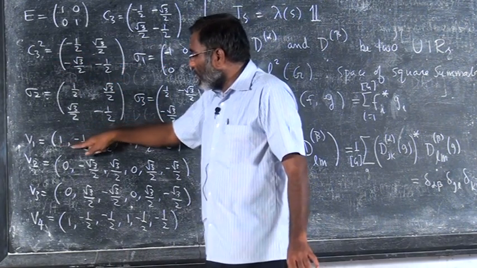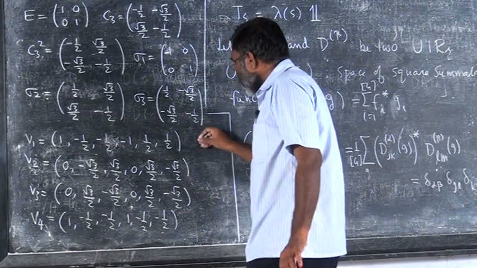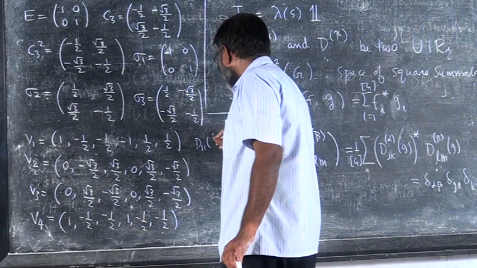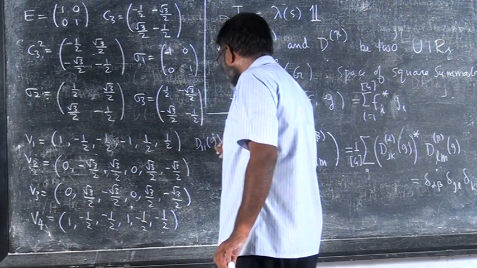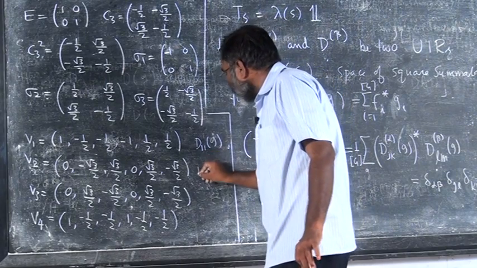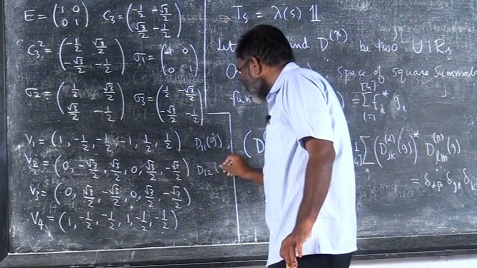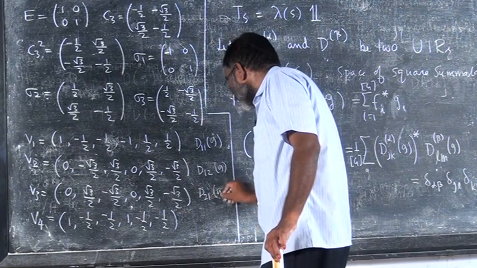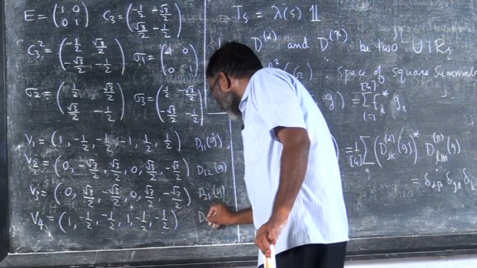So this vector I have made with d11 of G, where G is E, C3, C3 squared, like that. This I have made with d12 of G, this I have made with d21 of G, this I have made with d22 of G.